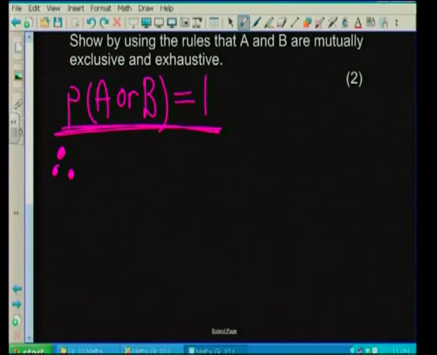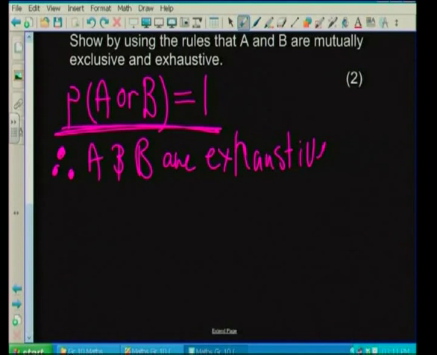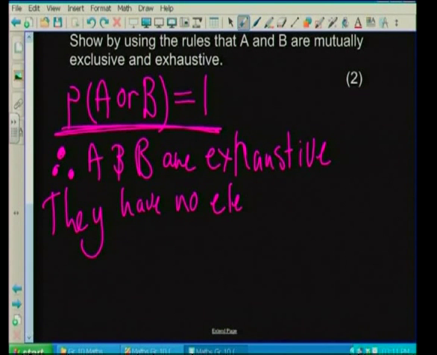So I can say, therefore, A and B are exhaustive. They have no elements in common. And we know that because the intersection between the two is empty. So very simple to prove that events are exhaustive.